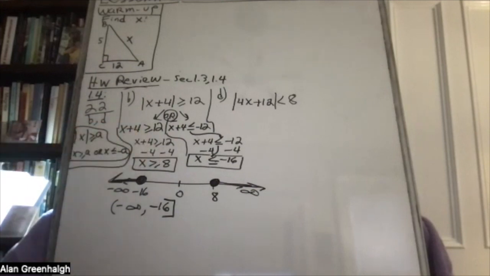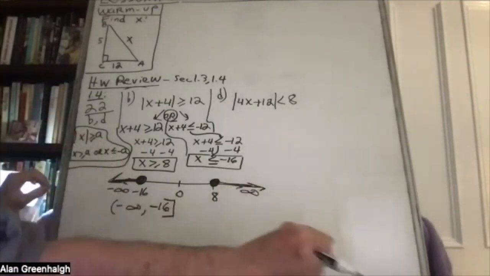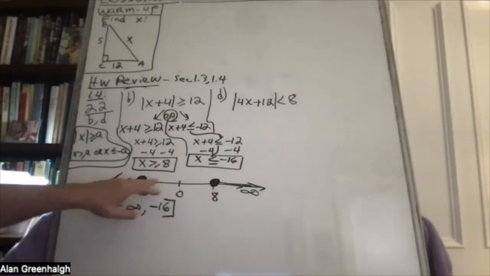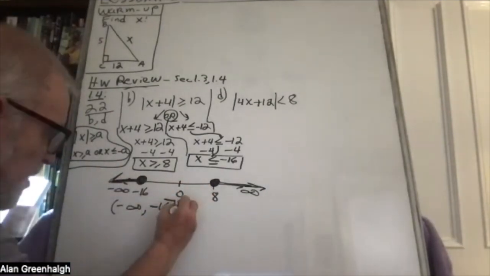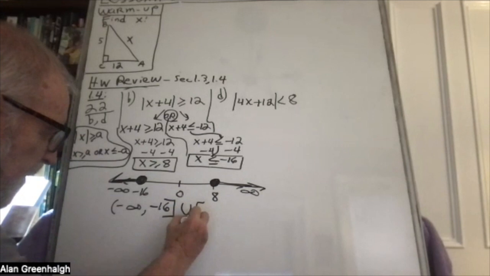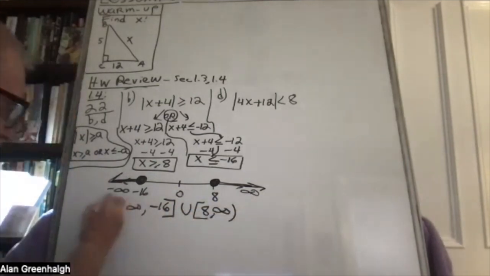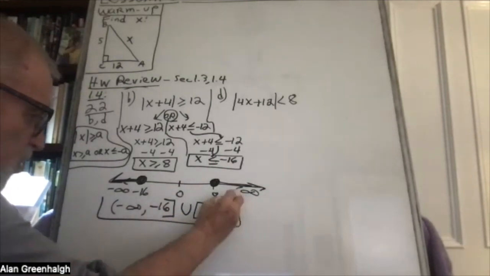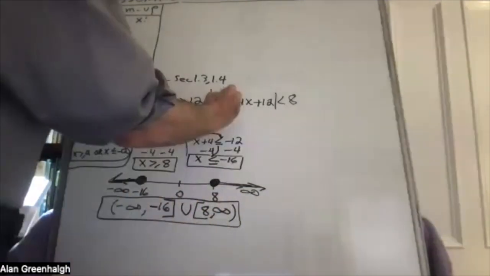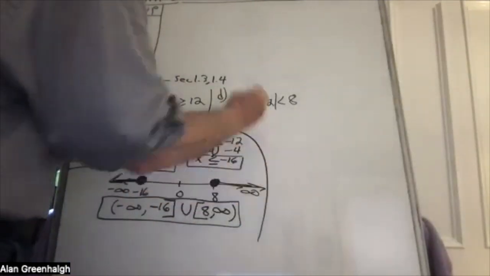This is shaded in, that's negative 16. So that's one possibility. And then, because they're going in opposite directions, they can't happen at the same time. So it's or 8 to infinity. And this is the answer to the question.